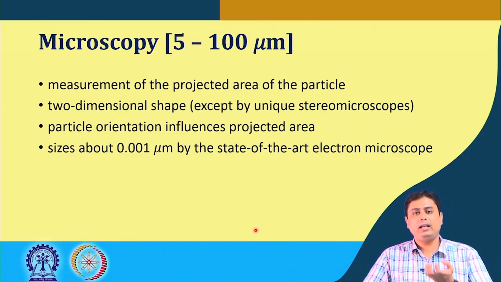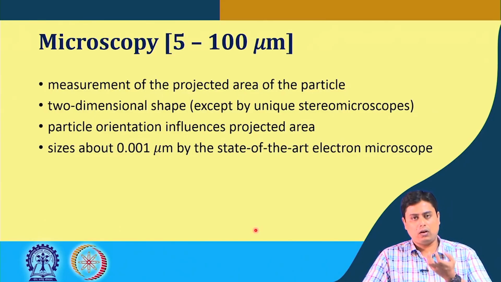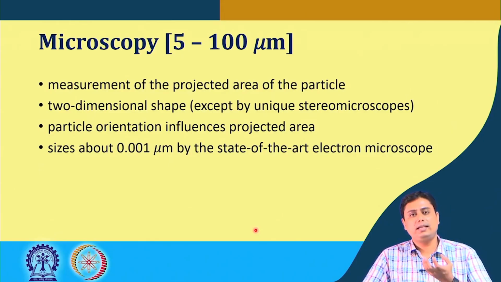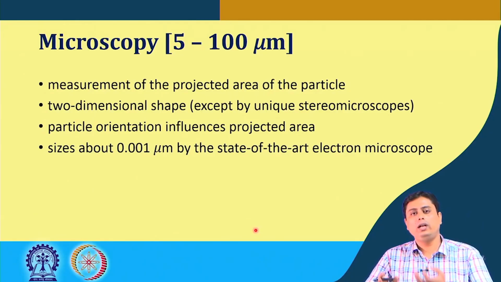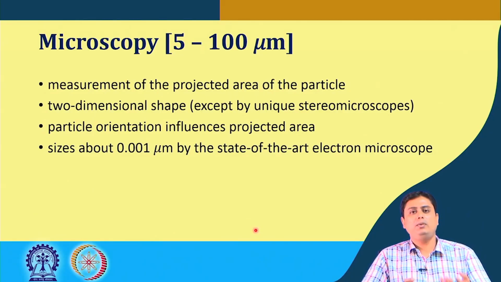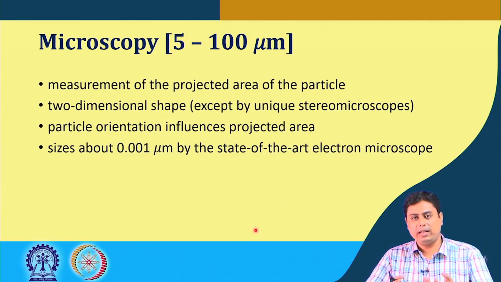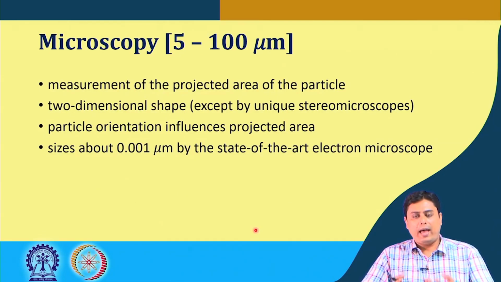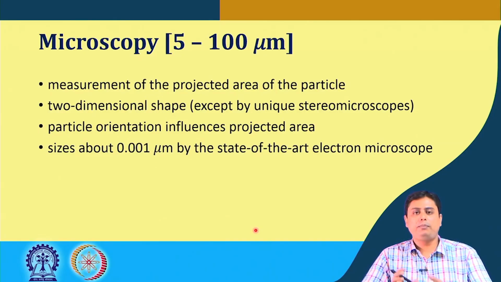If the particle is not spherical, or is an irregularly shaped particle, then what you see is the projected area that you have to correlate with the kind of diameter that I mentioned in my previous lecture, like Martin's diameter or Feret's diameter, to have a representative diameter of a single particle.